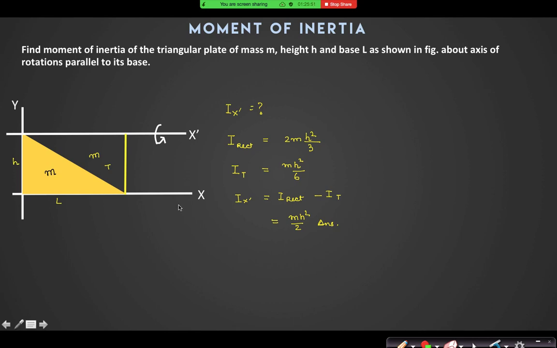Yes or no? About this axis and about this axis, their moment of inertia is the same. About the vertical axis, about this y axis and that y axis, they are the same. But about the x and x prime axes, they are different.